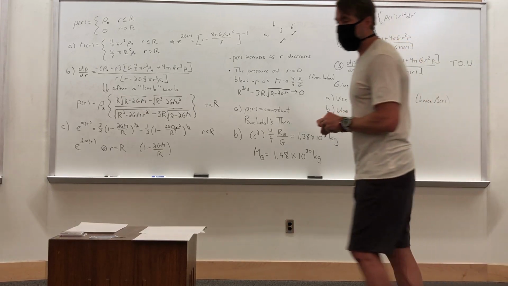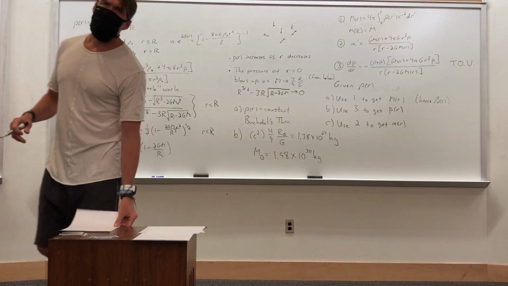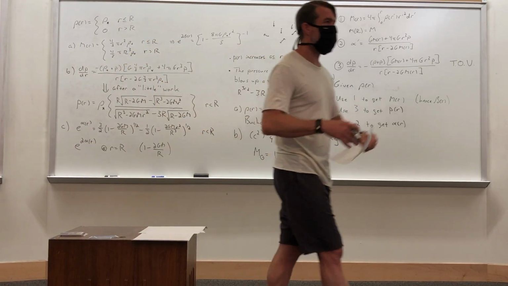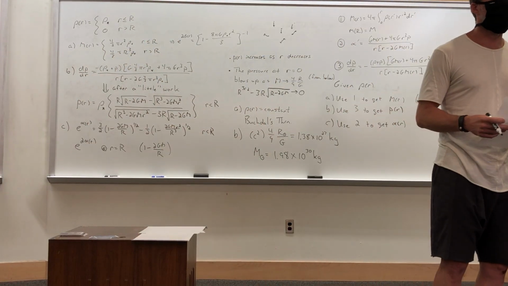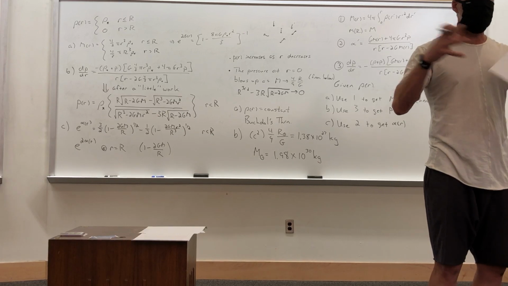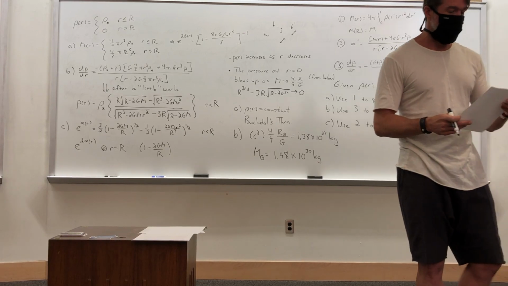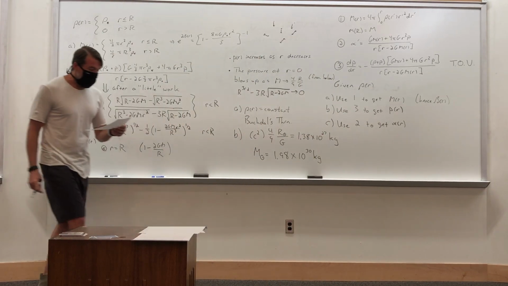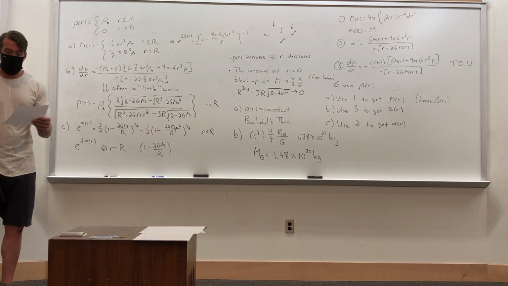Okay? Now you might think, oh, what about electromagnetism? Well, everything's neutral for the most part, so electromagnetism is not going to give us appreciable pressure. Okay? The nuclear interactions, though, can give us an appreciable pressure. So if the star runs out of fuel, it can start to collapse, which it will do.